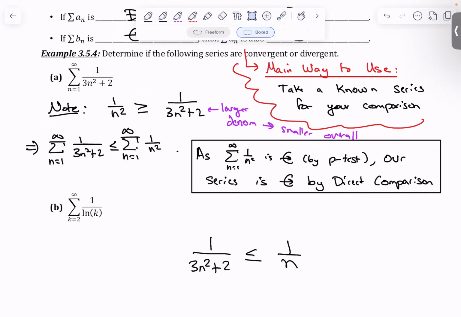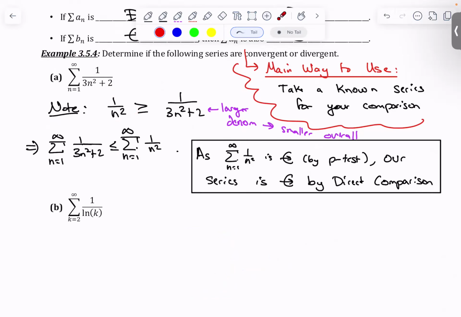If I were able to flip this around and know that this was infinite, then this also has to be infinite. But that's not the case. So this current format doesn't do anything for me. It's why I had to choose n squared instead. But as long as you can find a series that you can relate to it and properly sandwich it the right way, you can use the direct comparison.